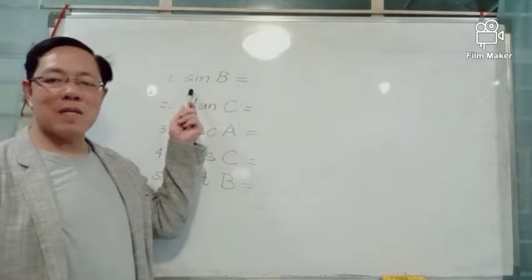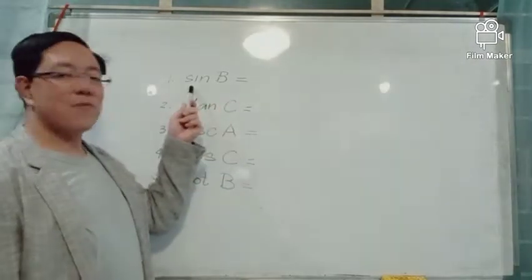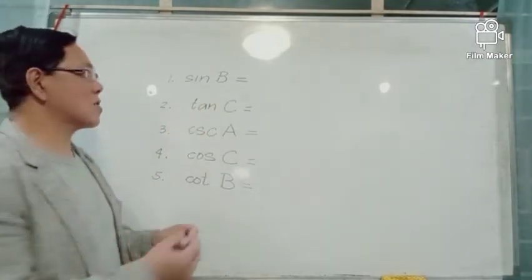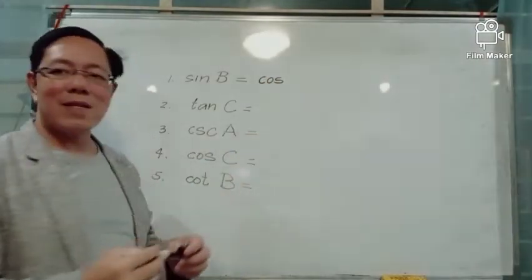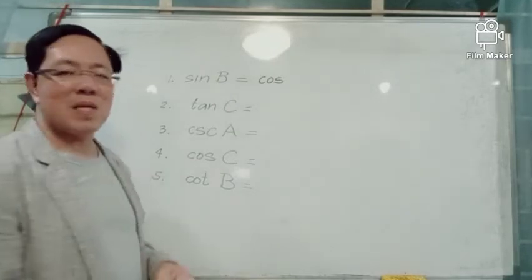Hence, by complement angle theorem, sine of B is equal to the cofunction of sine, which is cosine, of the complement of B, which we denote by B prime.